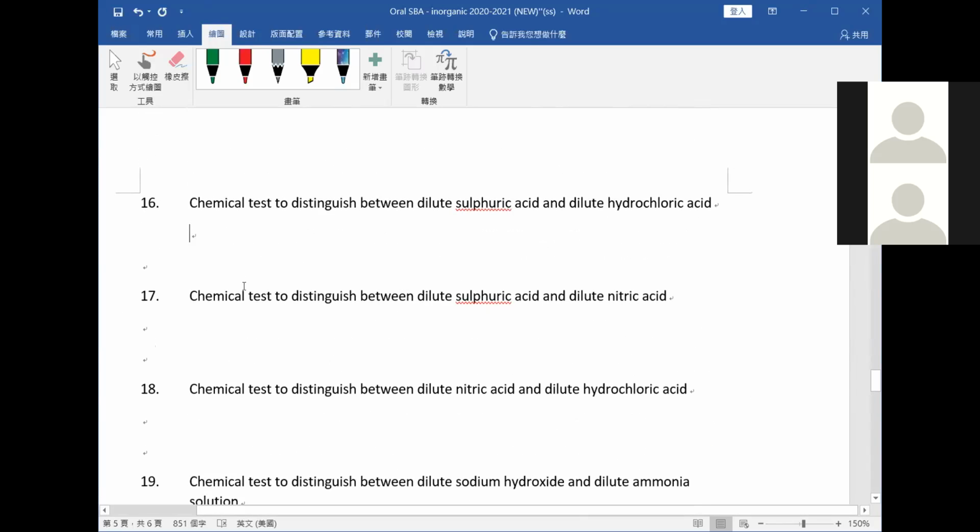Next thing, chemical test to distinguish between dilute sulfuric acid and dilute hydrochloric acid. This one. You'll find it.